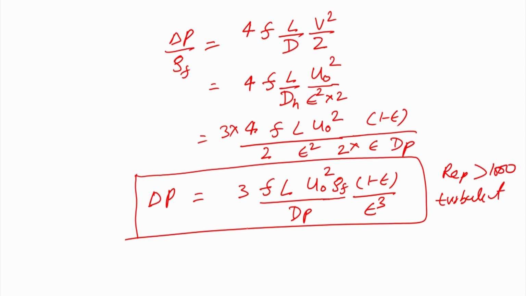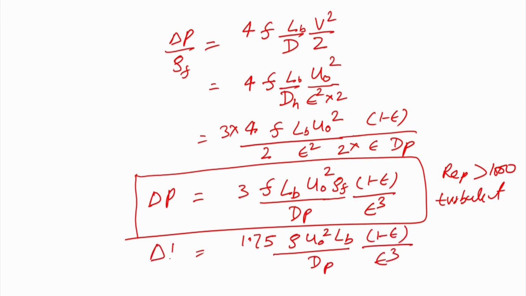So this is for the turbulent flow, and what you need is to find the value of f. Depending on the Reynolds number, it has been found that 3f is replaced with 1.75, so delta P is 1.75 rho into u naught square into L of bed upon dp into 1 minus epsilon upon epsilon cube.